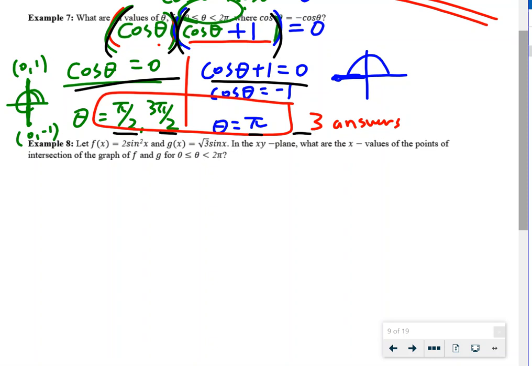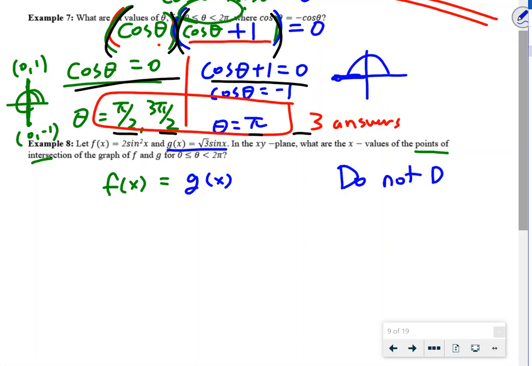Example 8. Again, this question is asking you to find the points of intersection where f of x and g of x are set equal to each other. Again, do not divide. I'm talking about dividing by sine x or cosine x.